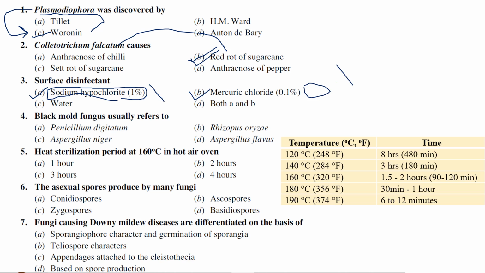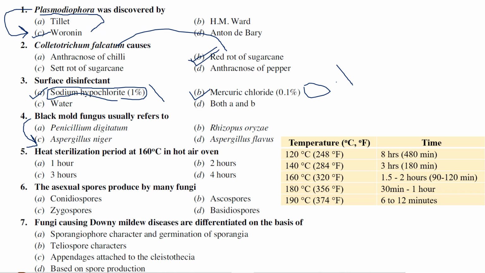Next one is: black mold fungus generally refers to Penicillium digitatum, Rhizopus oryzae, Aspergillus niger, or Aspergillus flavus. So generally the black mold fungus refers to Aspergillus niger. Other groups of fungi, like Penicillium and Rhizopus and some other species, are also sometimes considered black molds.